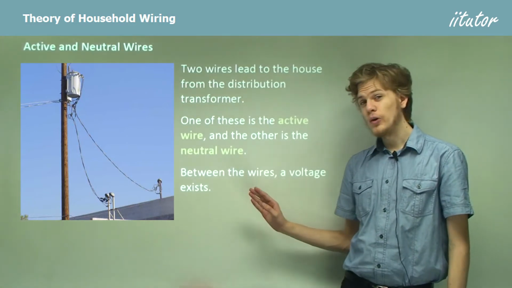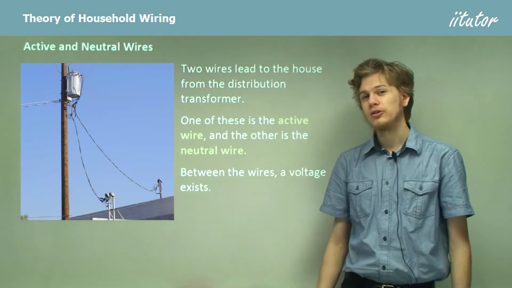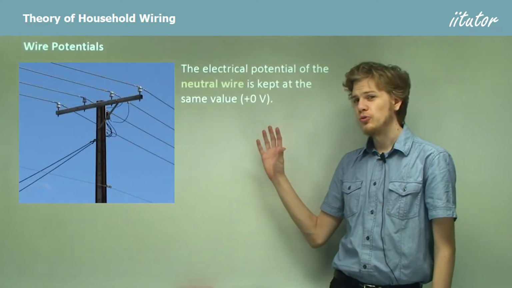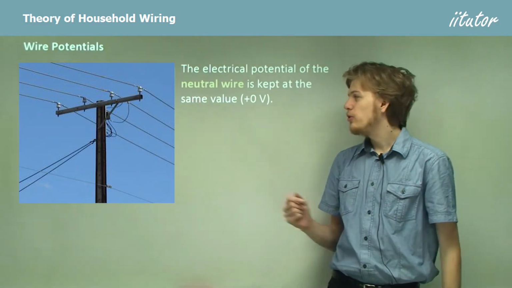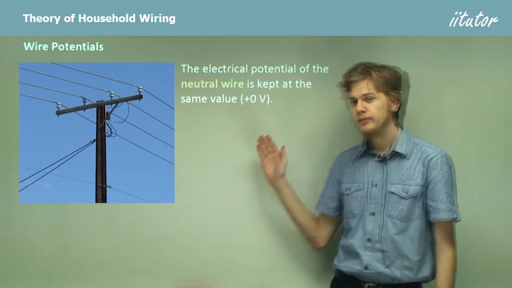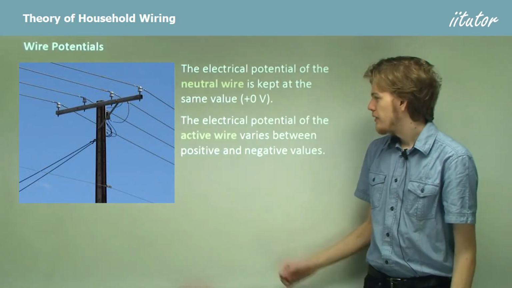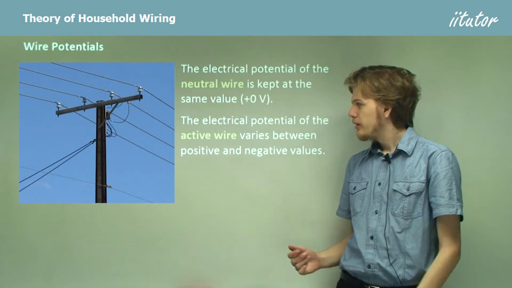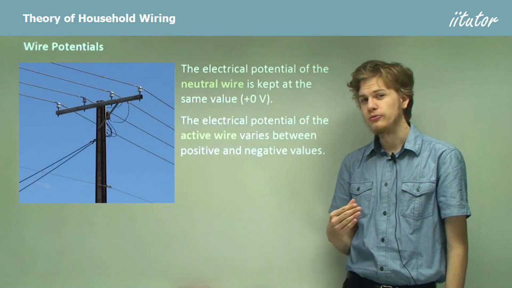Now between the two wires, a voltage exists. The wires are kept at different electrical potentials. Now the electrical potential of the neutral wire is kept at a constant value, right? We often call it plus 0 volts. Whereas the electrical potential of the active wire is different. That one varies between positive and negative values. And it doesn't in fact vary between plus 240 volts and minus 240 volts.